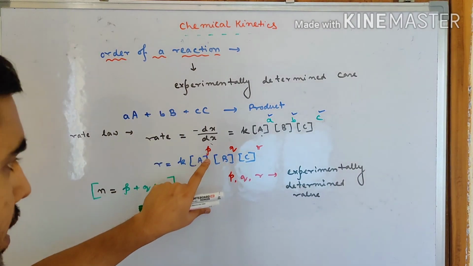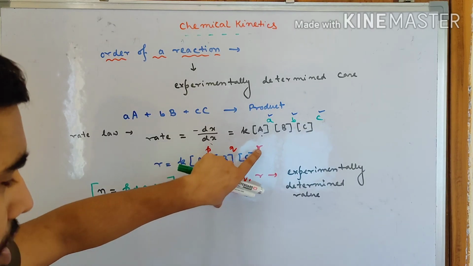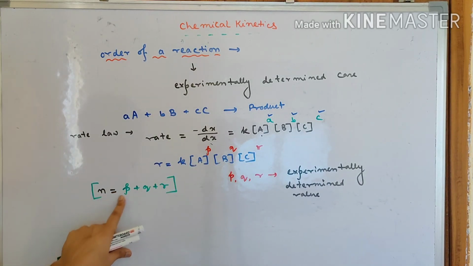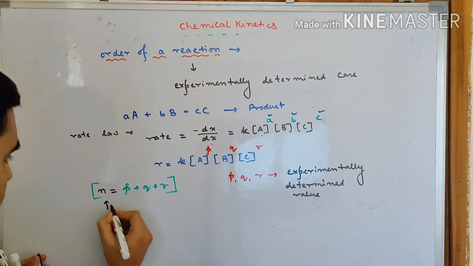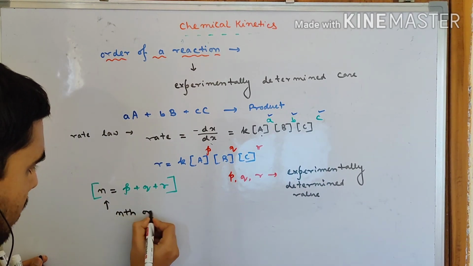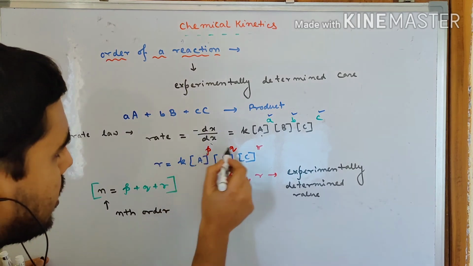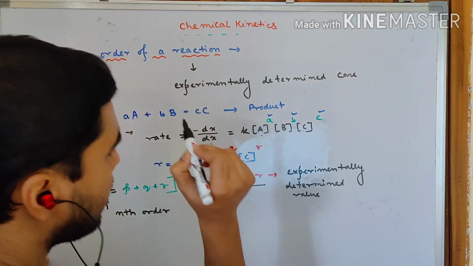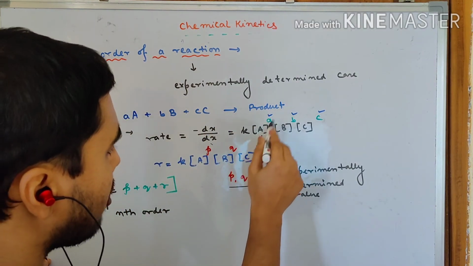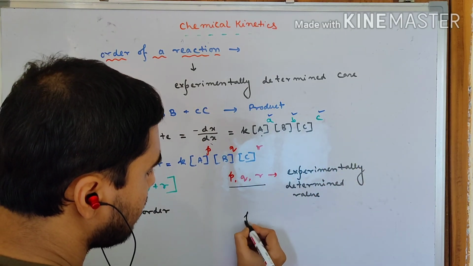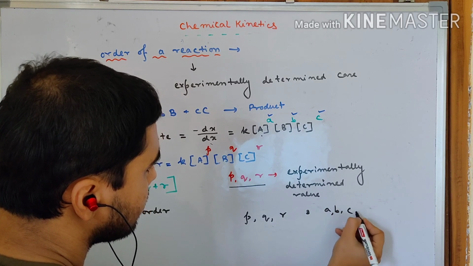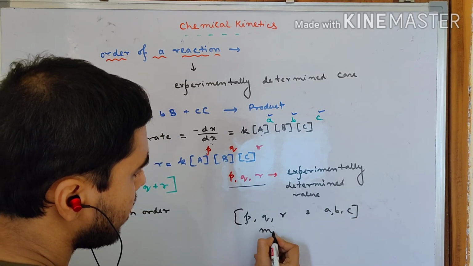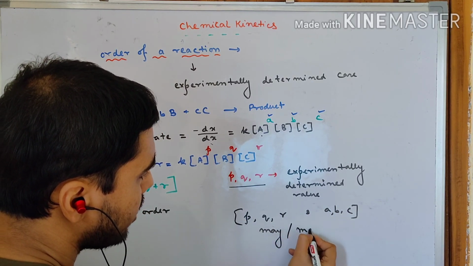The sum of those powers is the order of a reaction. So in this case we can say it is nth order, and p, q and r are experimentally determined quantities. Remember, p, q, r and a, b, c may or may not be same.